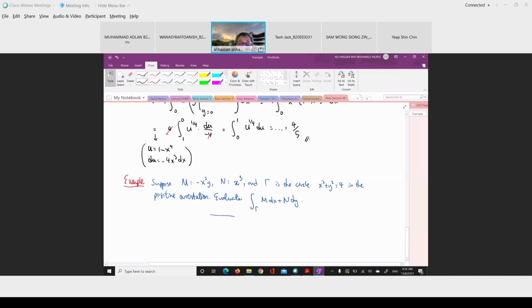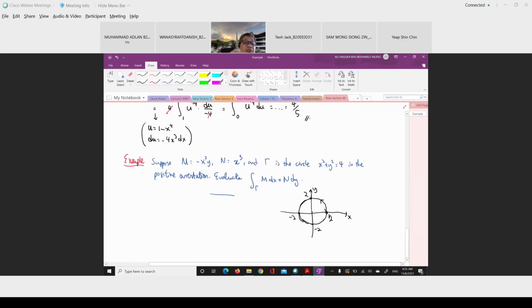It's a closed curve, centered at 0 with radius 2, in a counterclockwise direction. So let's apply Green's theorem.